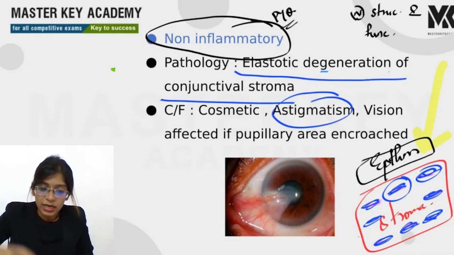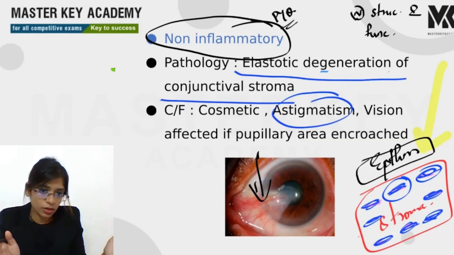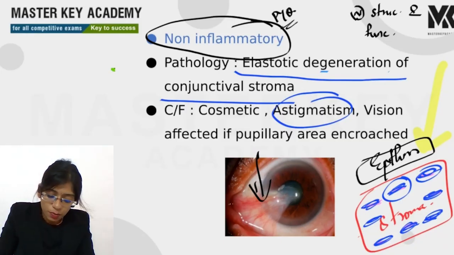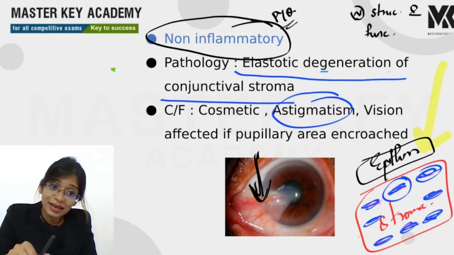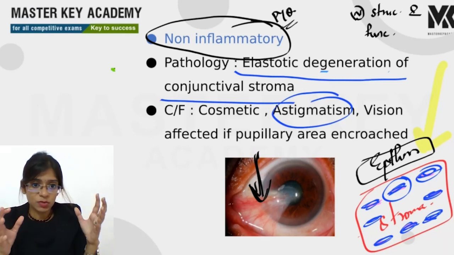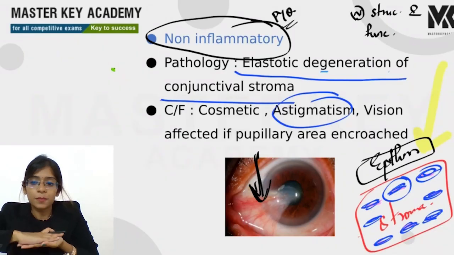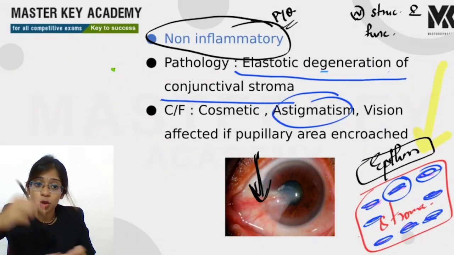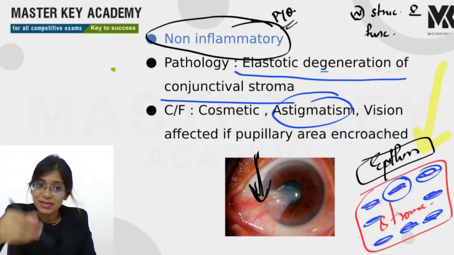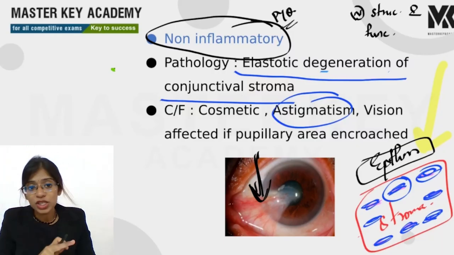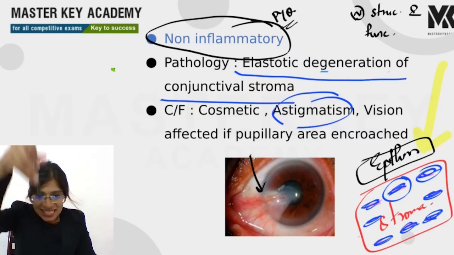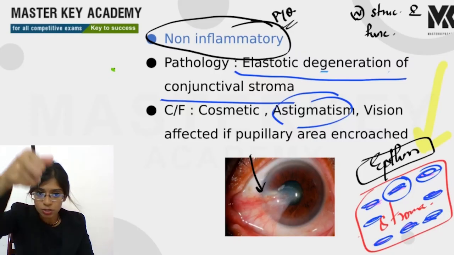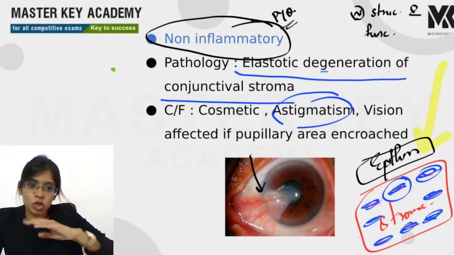Now you take a small glass rod and try to pass it below this tissue, below the pterygium or pseudopterygium, to know whether it is pterygium or pseudopterygium. If it is pterygium, it is very strong, very stuck on, adherent to the underlying tissue. So you cannot pass the glass rod under this tissue. Whereas if it is pseudopterygium, the glass rod will easily pass below this lesion, because it's not very tightly adherent.